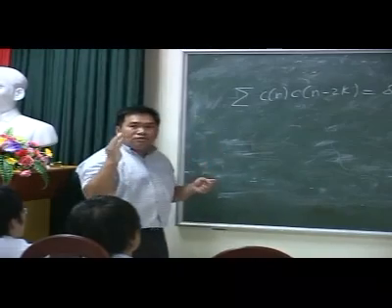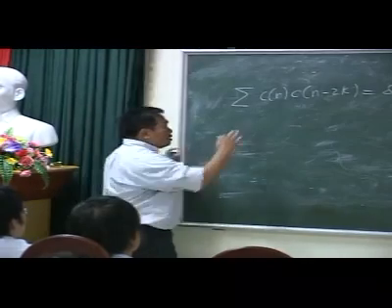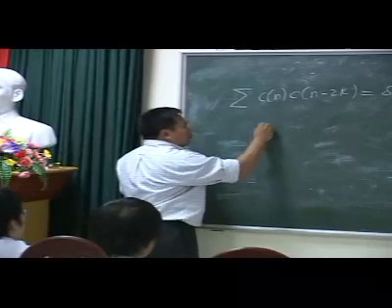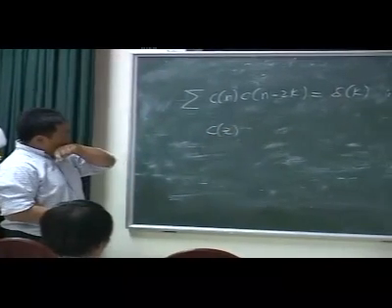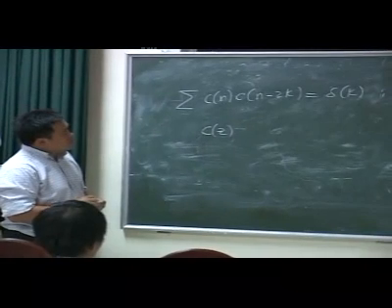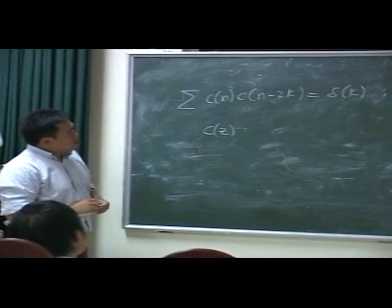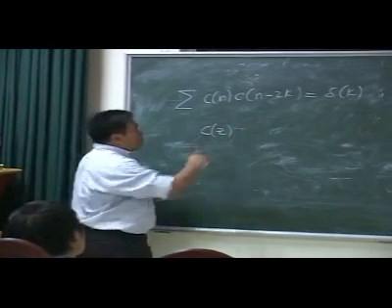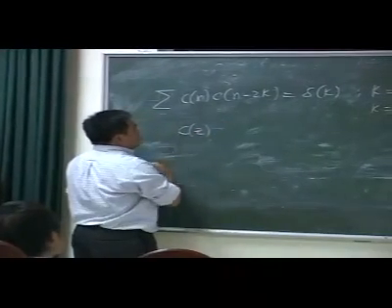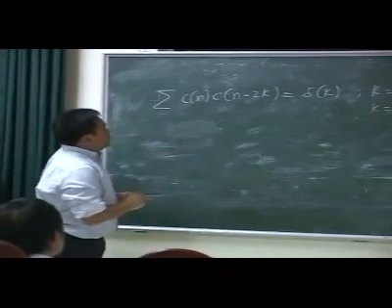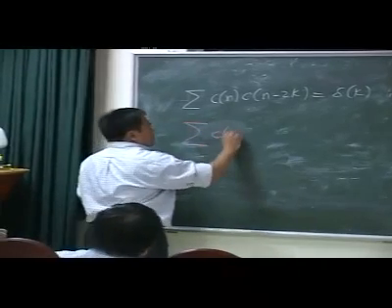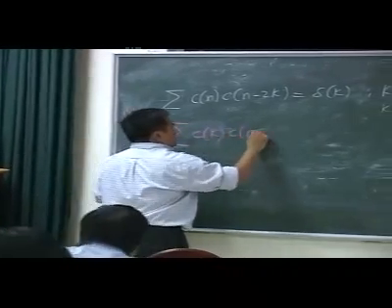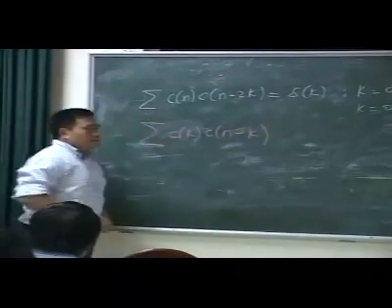So let's use the Z transform now. How do I take the Z transform? This is C of Z. What is that?